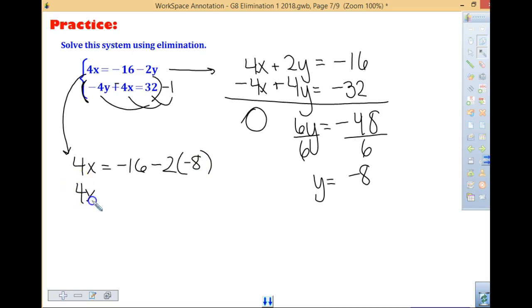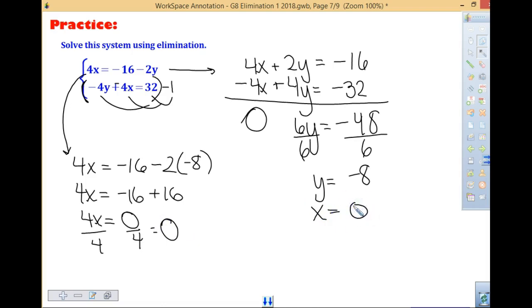That means 4x equals negative 16 minus 2 times negative 8. That's a positive 16. If I add negative 16 and positive 16, 0. And what happens when we divide 0 by any number? It's 0. So x is 0.